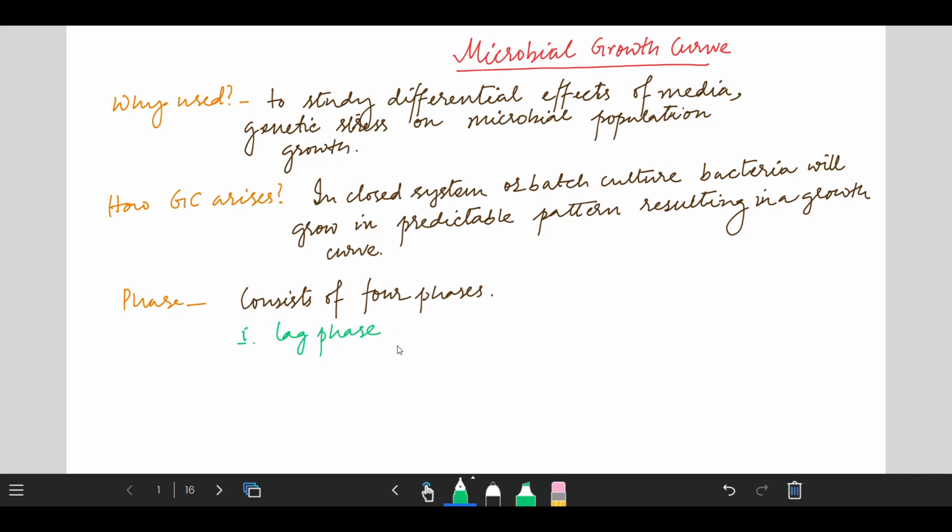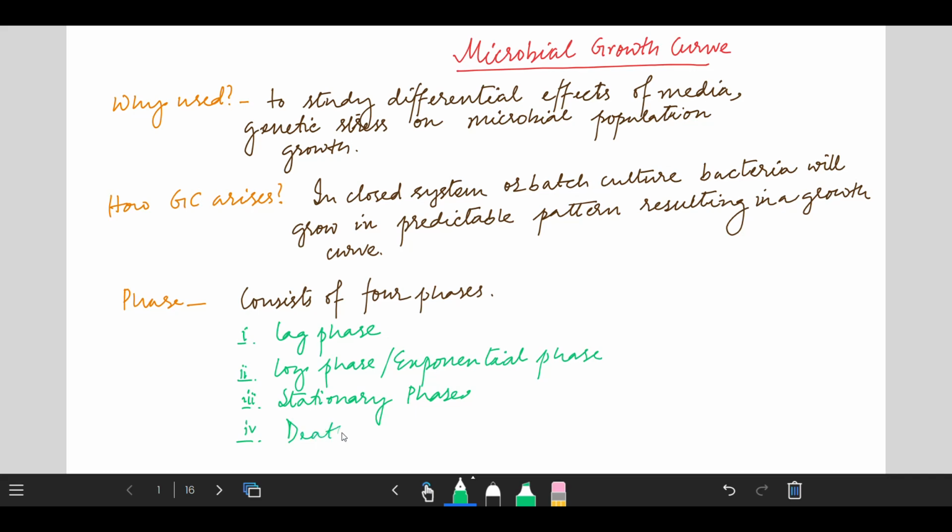Second one is log phase, also known as exponential phase. Third one is stationary phase. And fourth one is death or decline phase.